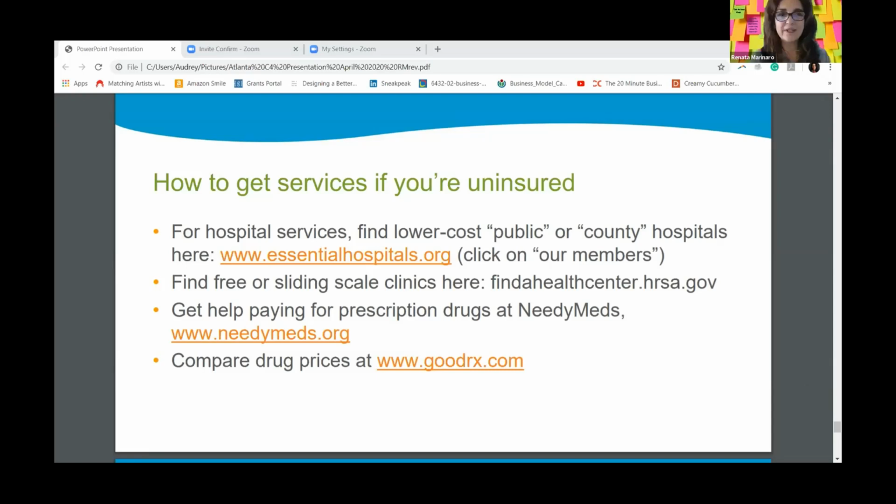If you are looking for medications, know that you can compare the cost of medications at goodrx.com. That's not a scam website. It's a website that is promoted by Consumer Reports, and you can put the medication in that you are looking for.